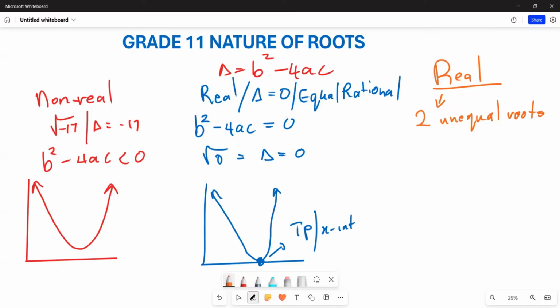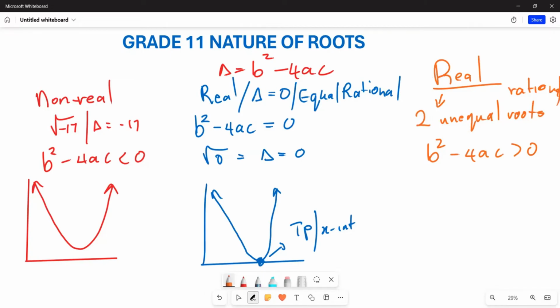This is where your b squared subtract 4ac is greater than 0, right? Now they can say this is unequal roots. Others can say it's your rational roots, right? Others can say this is going to be your rational roots.